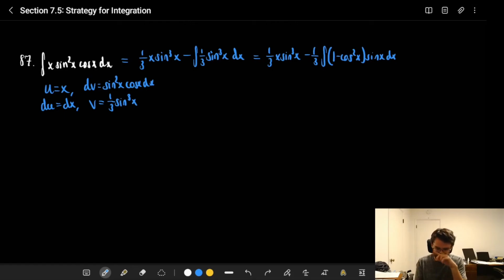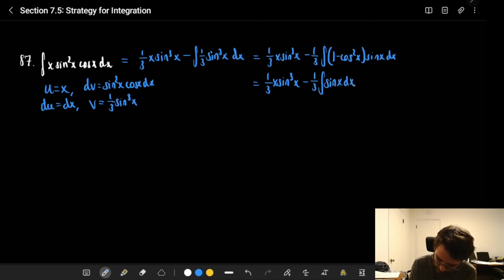I guess I would want to split this into two integrals and then do a sub. Yeah, so minus 1/3 integral of just 1 times sine. That one's nice. And then plus 1/3 cosine squared sine under the integral.